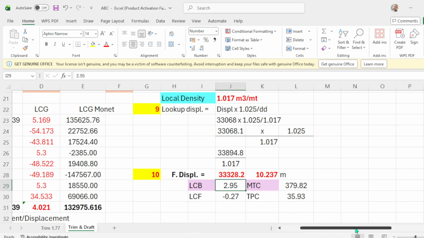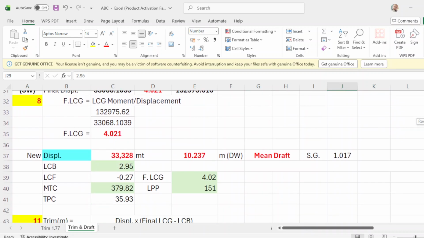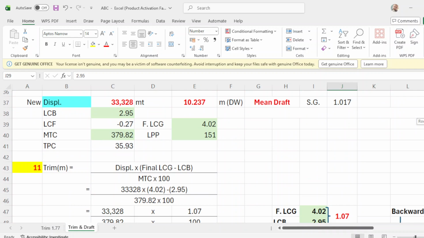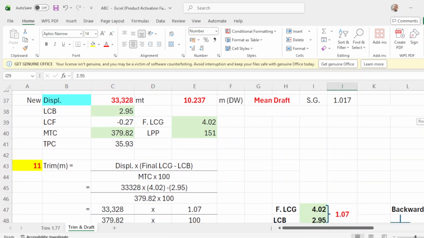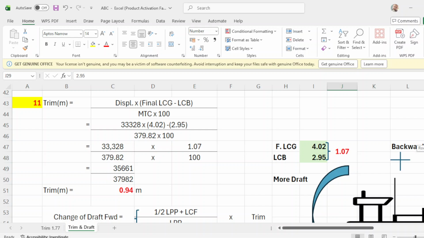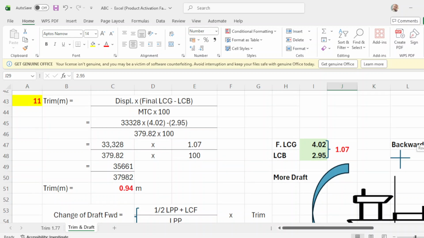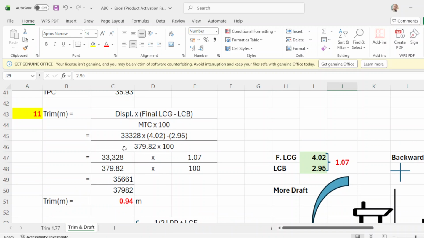So these are the values that we got a while ago. Then we go to number 11, the final trim or your corrected trim, change of trim. So displacement times final LCG minus LCB over MTC times 100.